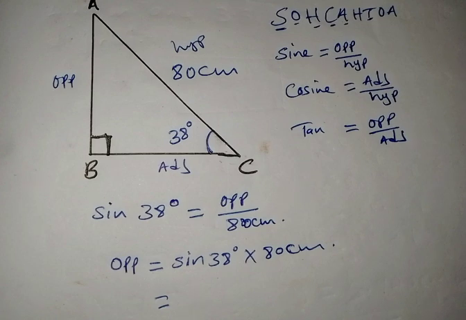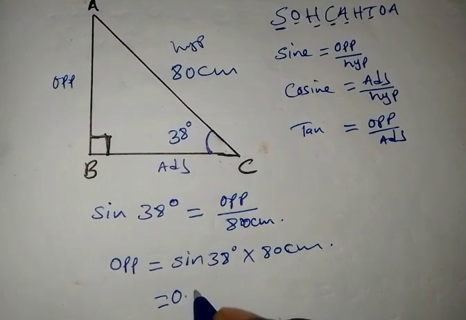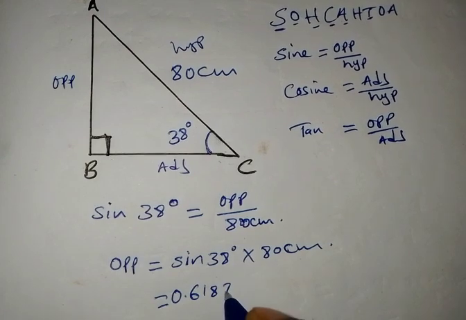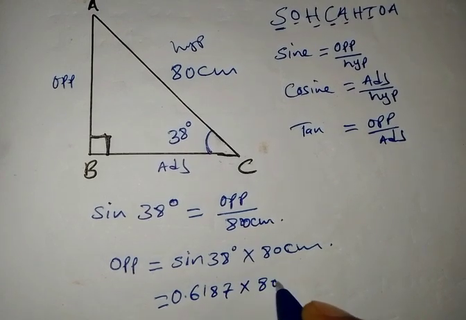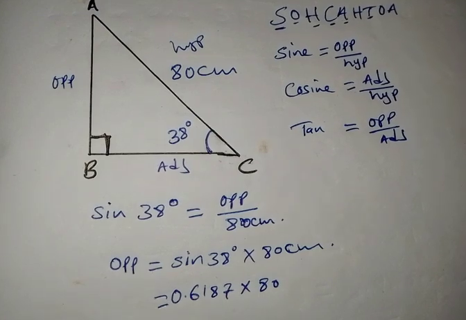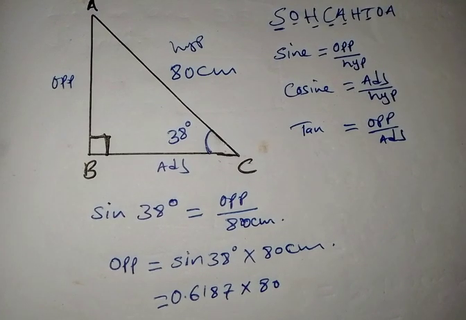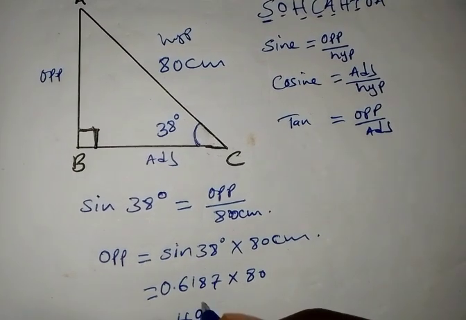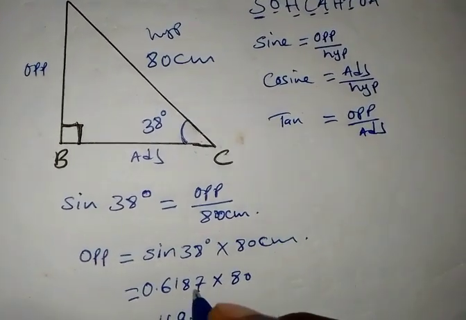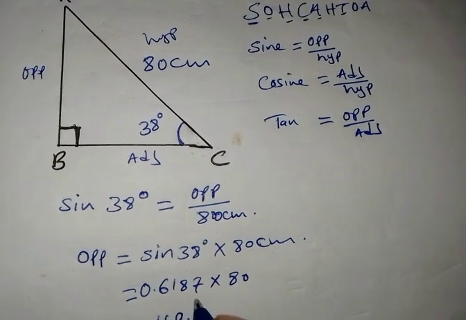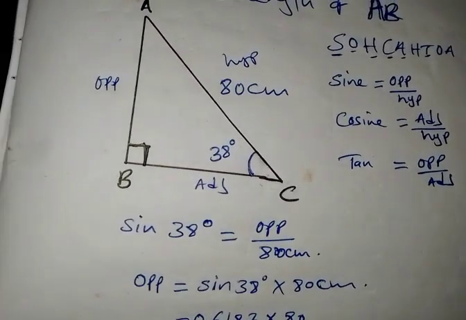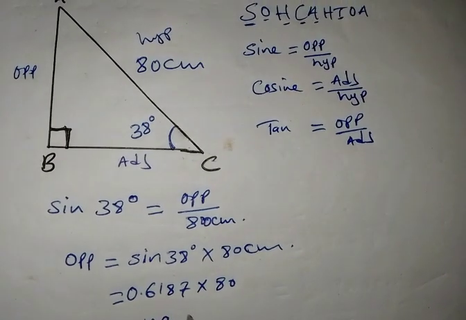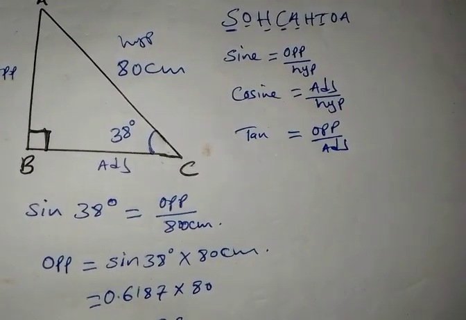So the sine of that 80 degrees is given by 0.6157. So this one is 0.6157 multiplied by 80. When you multiply the two, you get the final answer as 49.3 centimeter.